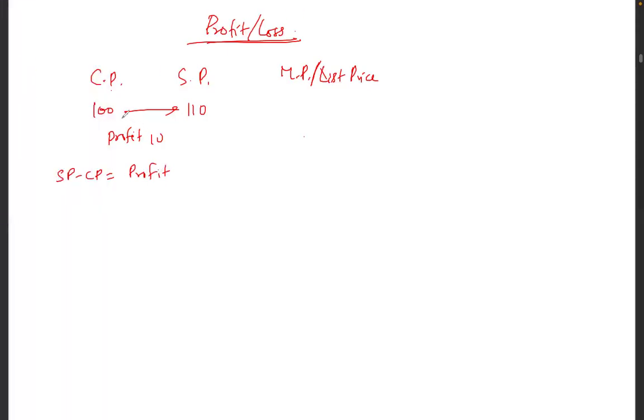Now, if you sell this pen at 90 rupees, then there is a loss incurred by you, right? And how much? That is 10. So CP minus SP is equal to loss. Okay. Now, how profit percentage is calculated? That is equal to actual profit divided by cost price. Same is the case with loss.